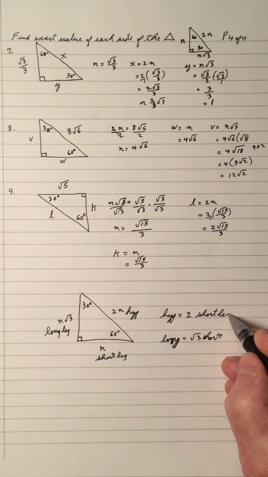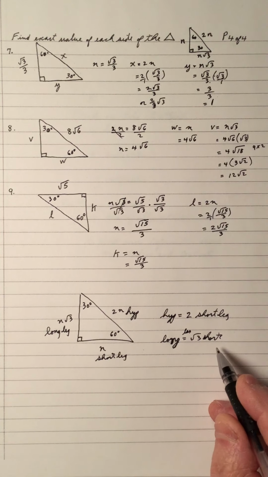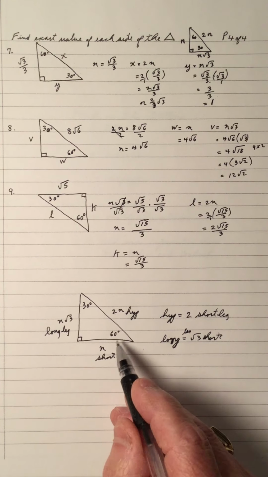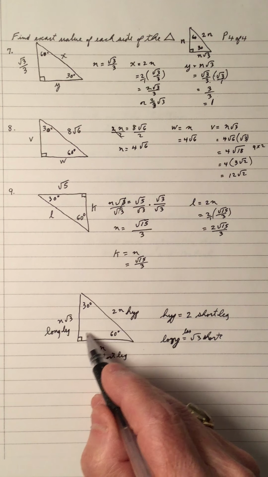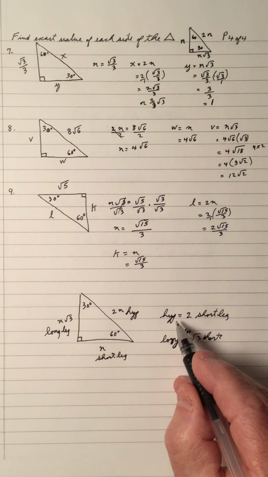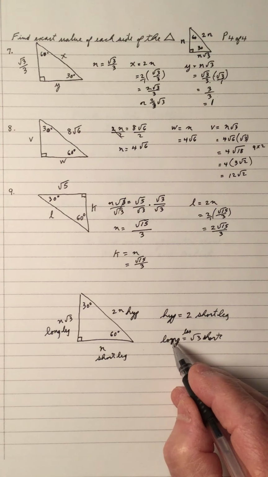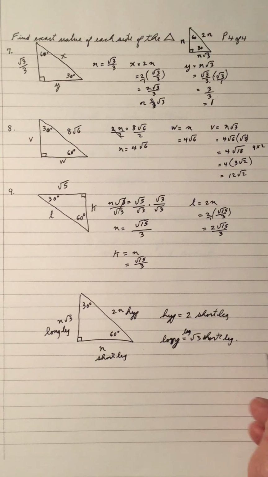That's the short leg, and this is the long leg. So note, opposite the 30 is n, opposite the 90 is 2n, opposite 60 is n root 3. The hypotenuse is twice the short leg. The long leg is root 3 times the short leg.